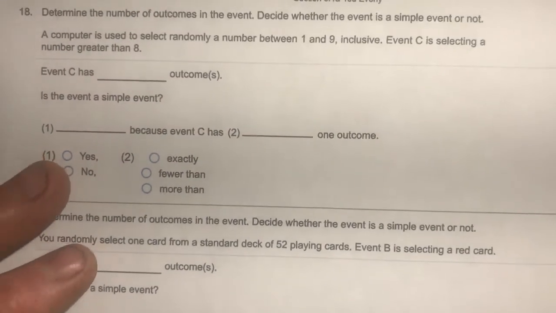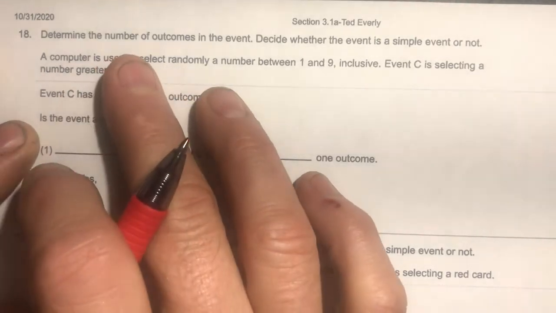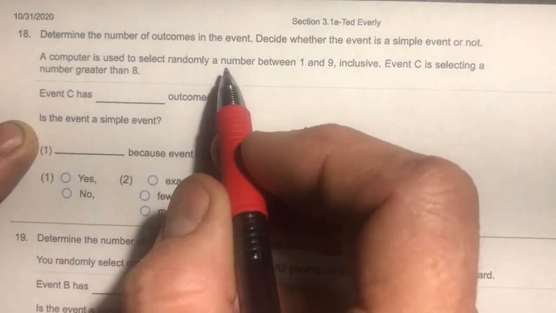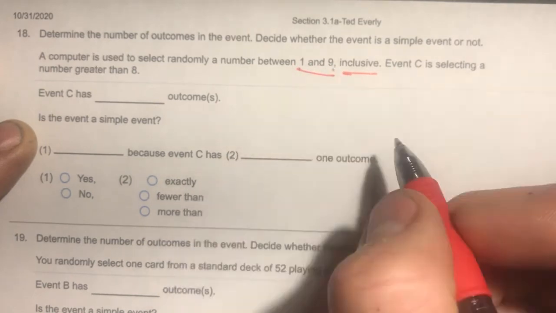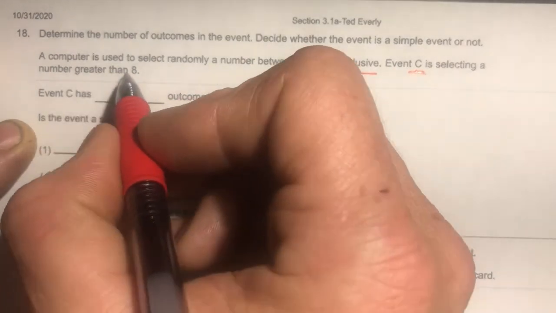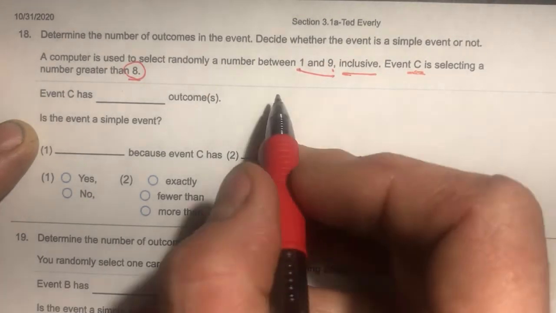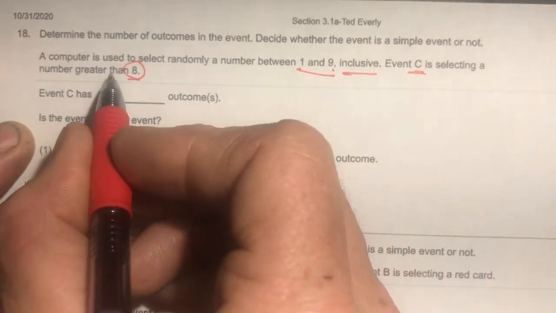Okay, getting close to finishing up. All right, determine the number of outcomes in the event. Decide whether the event is simple or not. A computer is used to select randomly a number between 1 and 9 inclusive, which means it could include 1 and 9. Event C is selecting a number greater than 8. All right, so of these numbers, 1 through 9, how many of them are greater than 8?